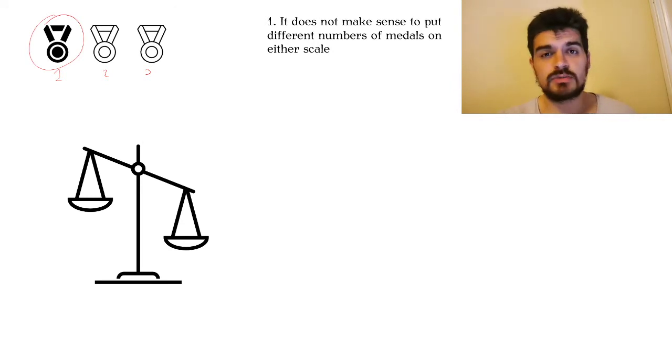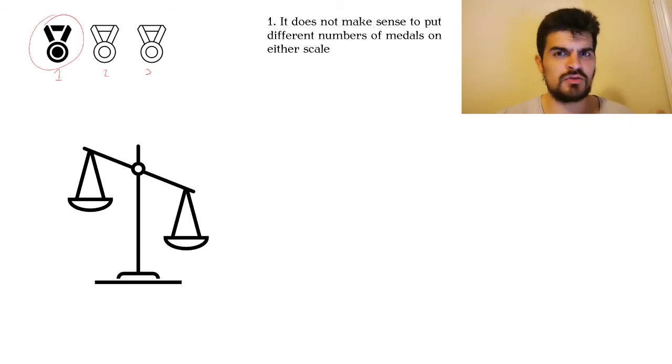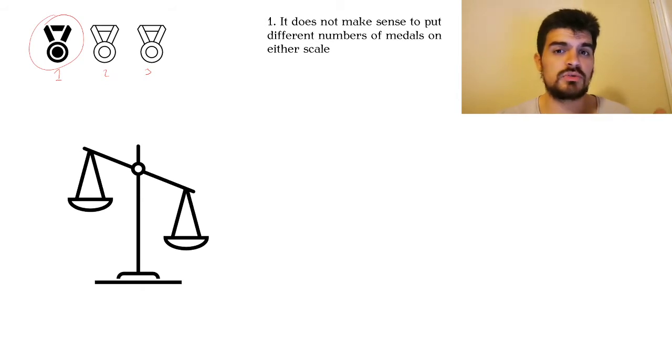If you put 2 medals on one side, 1 medal on the other side, 2 medals are going to be heavier most of the time, unless this third medal is super heavy, actually heavier than the other 2 combined. But that would be very lucky on our side. We don't want to base this solution on luck. We want to have a foolproof solution that works every single time, and we want to be able to show that in 2 weighings we can always do it, right?